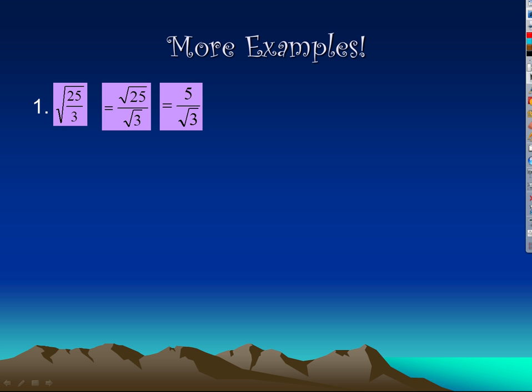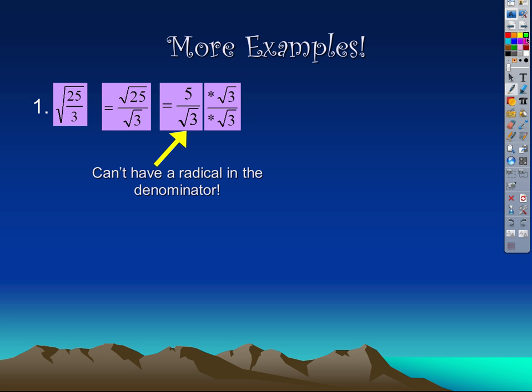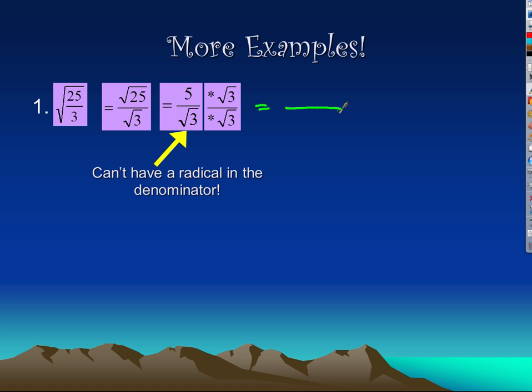Okay, there's another way of thinking about that. That's okay to do. That's fine, but maybe this is an easier way to think about what just happened on the bottom. On the bottom, what I've really got, if I take the square root of 3 times the square root of 3, anything times itself is just, by definition, that thing squared, right? So the square root of 3 squared, what happens to the square root and the squared? They cancel, right?